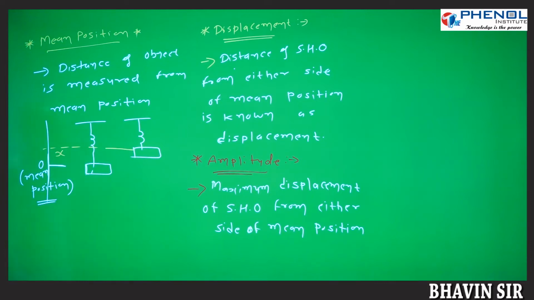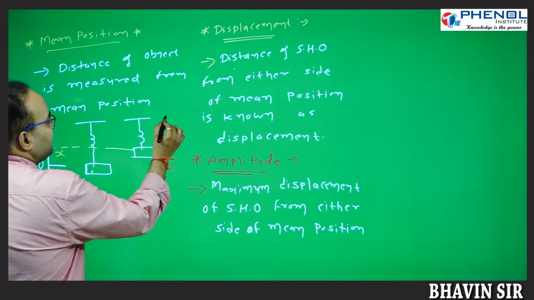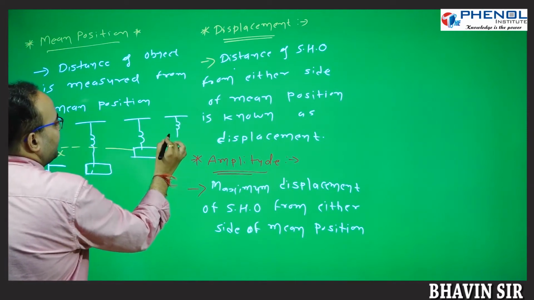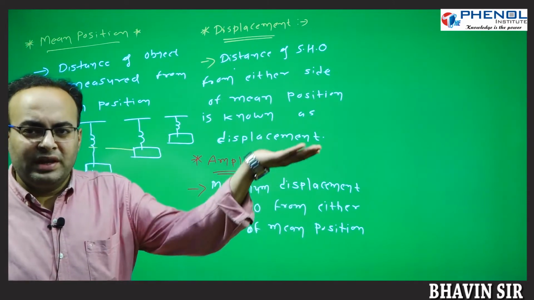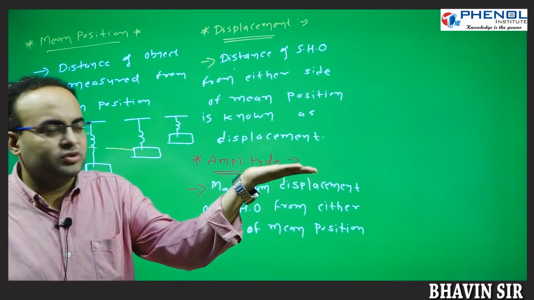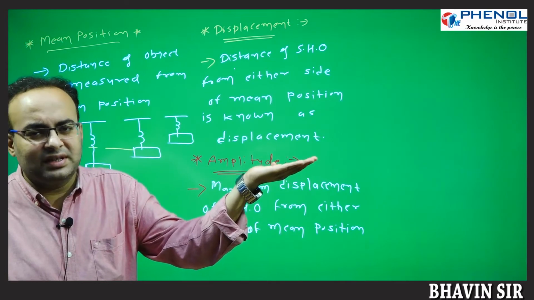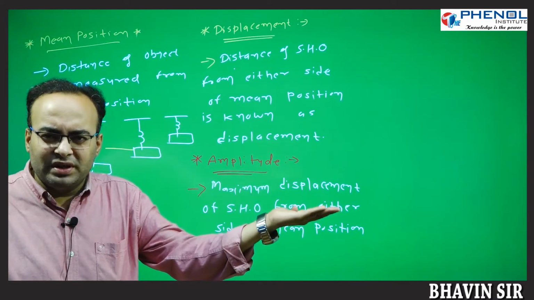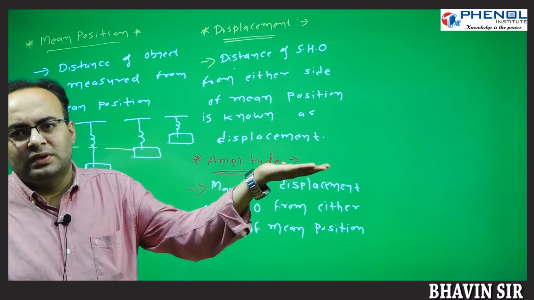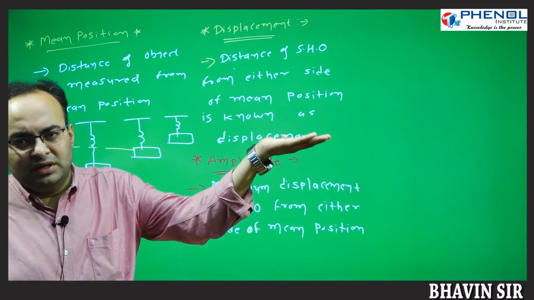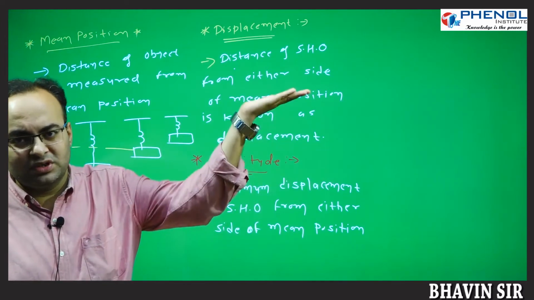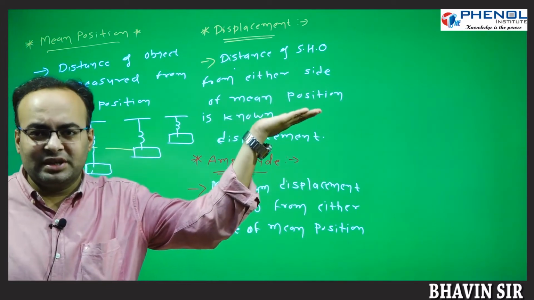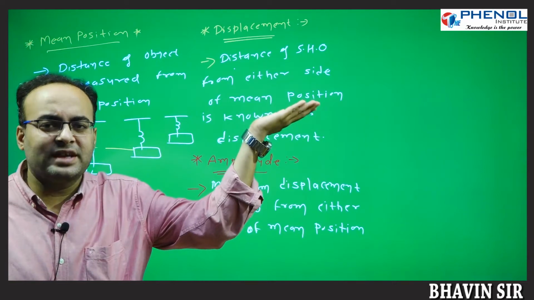So see students, suppose spring goes up to here. Suppose this is the initial position of spring, now spring is slightly displaced in downward direction, then released. So now spring is moving upward, this is its maximum position, પછી ત્યાંથી નીચે આવે છે. So students, this is known as its extreme position, this is known as its amplitude.